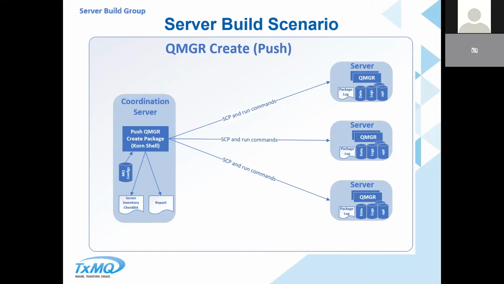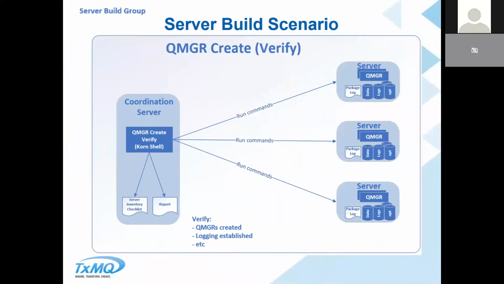And you could be working from a properties file to know what the queue manager name is supposed to be for each individual server, what the location of the drive is, the mount for where the data and the logs are located. That could all be pushed out as well in a parms file that could be run on the server side on the right hand side, and the results sent back as part of a verify.